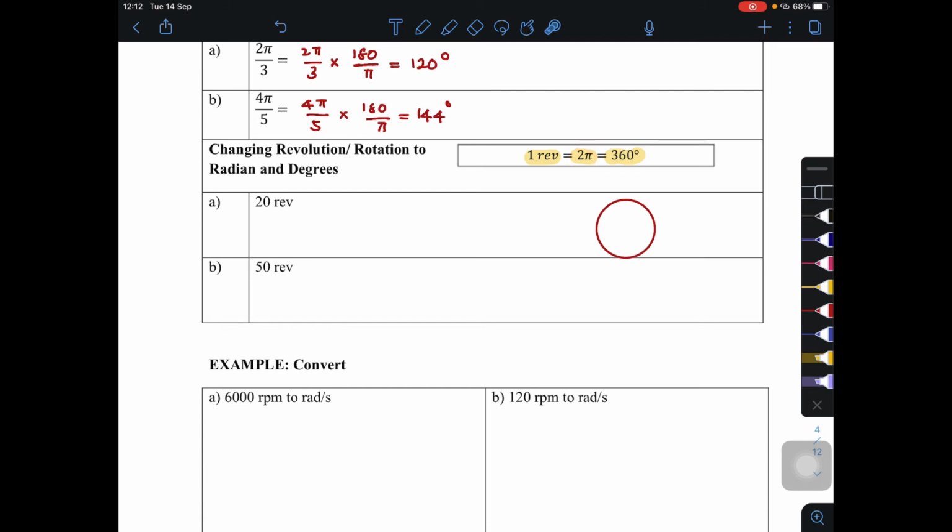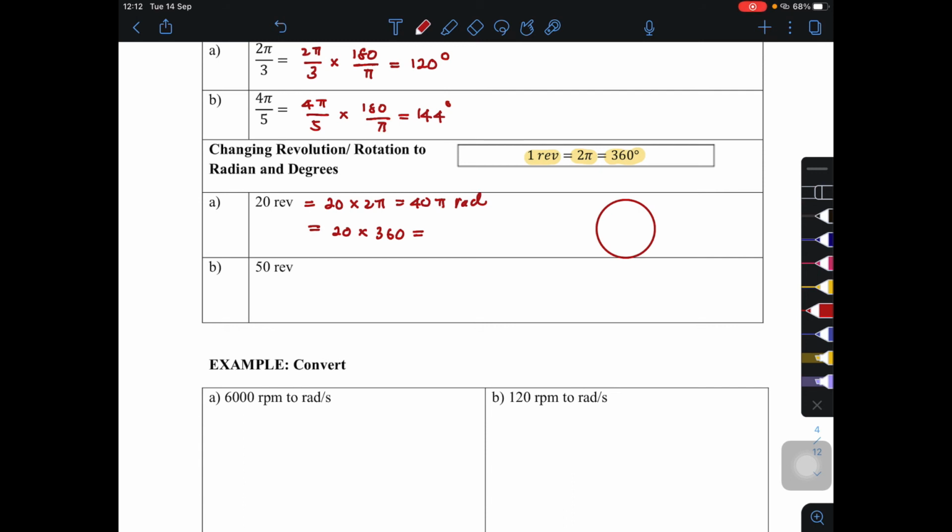Okay, so now this one very simple. We want to change revolution to radian. So satu revolution sama dengan 2 pi. So 20 just darab dengan 2 pi. So kamu akan dapat 40 pi radian. And then dalam degree pula, 20 darab dengan 360.